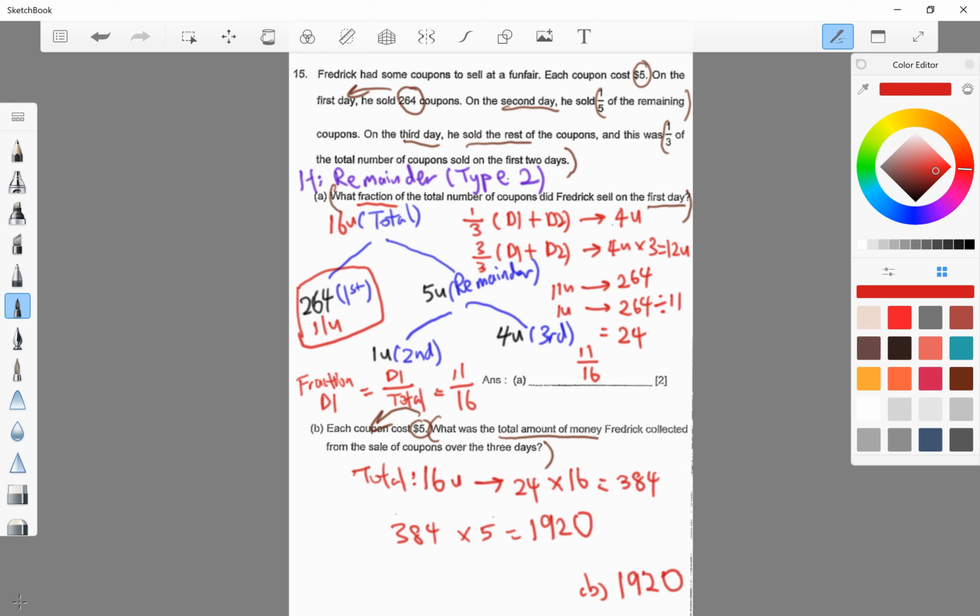and I mustn't forget to put the dollar sign. Okay, the dollar sign. So just remember, guys, for the fraction 11 out of 16, there shouldn't be a dollar sign next to it, and there shouldn't be a dollar sign in front of it. So at the very least, at most, we can just say that the total amount collected was $1920.